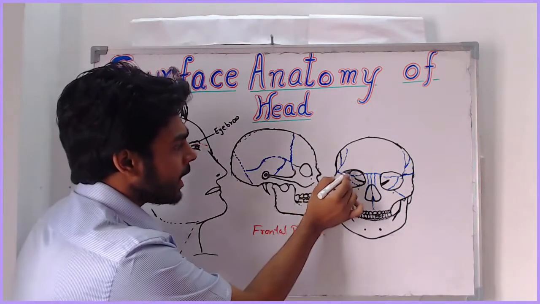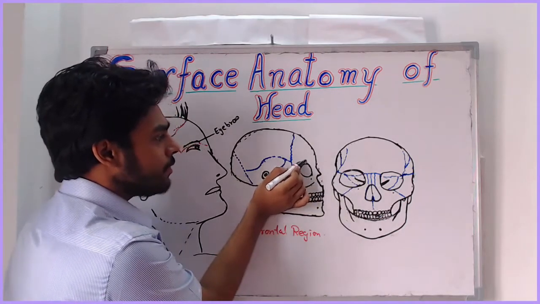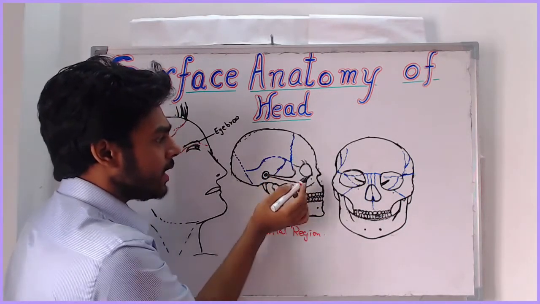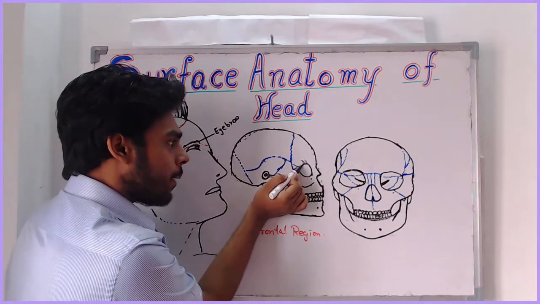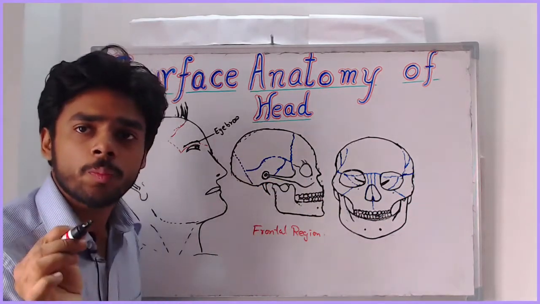And the elevated area, here you can feel the elevation which is superior to this supraorbital margin, and that is called superciliary arch.